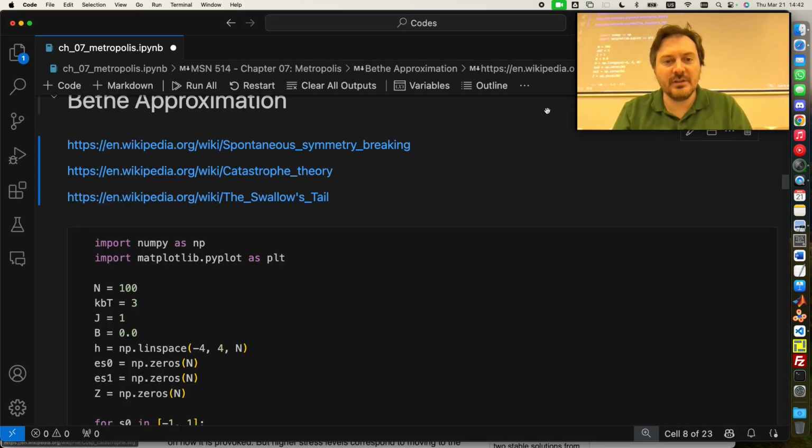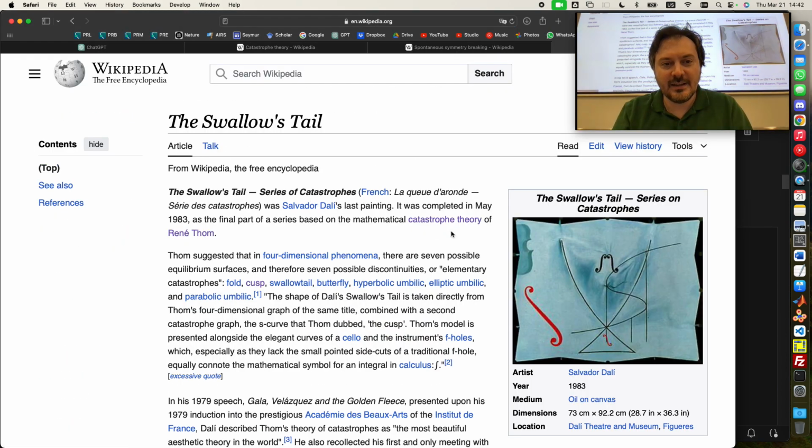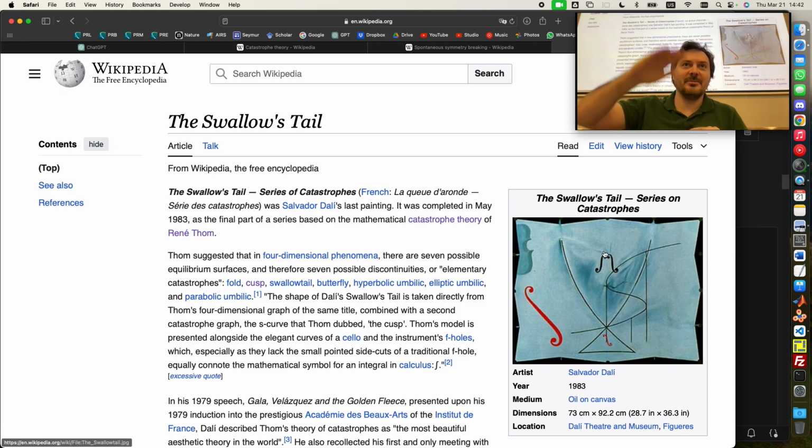This thing actually inspired the last painting by Salvador Dali. Do you see this? It's what we are talking about right now. Okay? Remember, computation, physics, art, it's all connected.